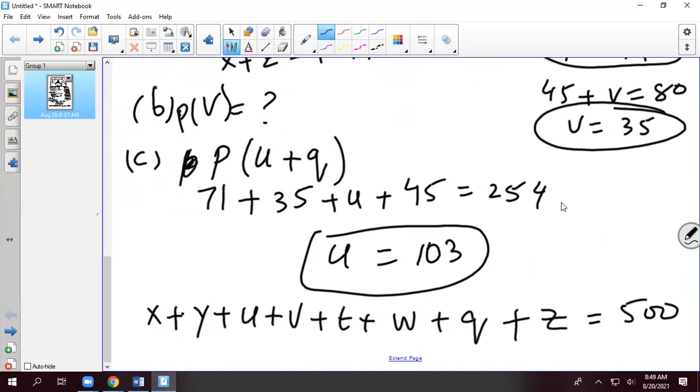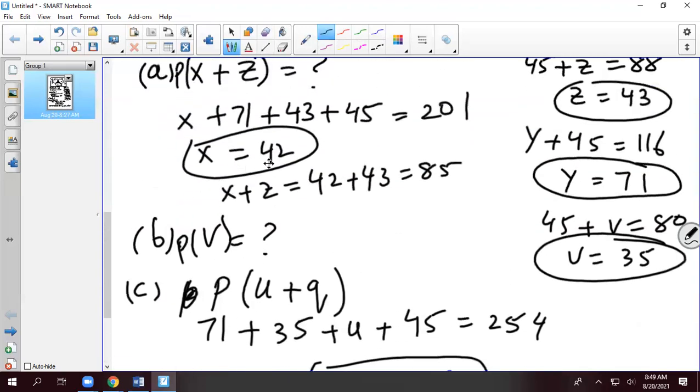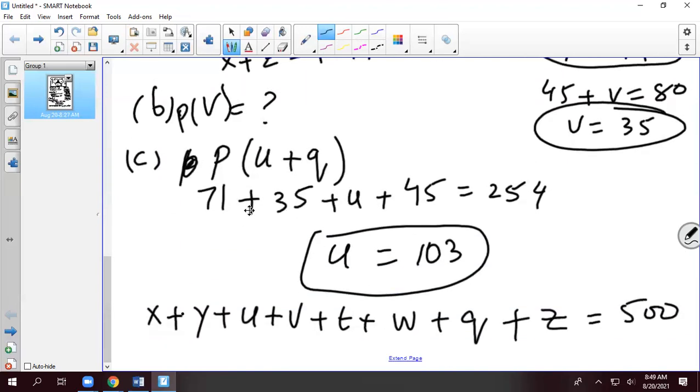Now we should know everything here except Q. That's why I was saying that we may need X at some point, and now that's the point when we need it. X is 42.